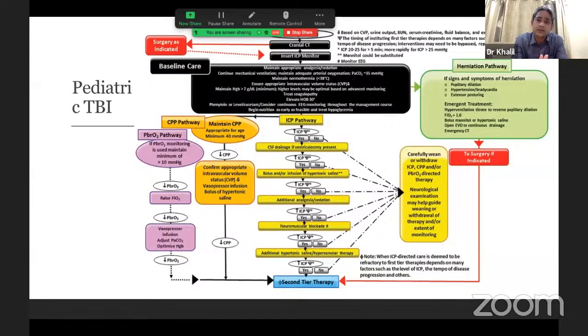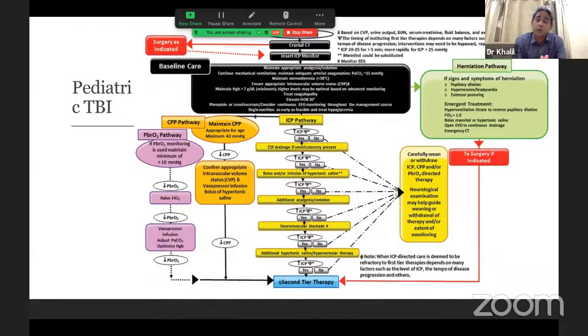So the target is to maintain a PCO2 in the range of 35 to 40, maintain normothermia, euglycemia, and maintain intravascular volume, as hypovolemia, hypotension, and hypoglycemia are all adverse factors with regard to the outcome of these children.